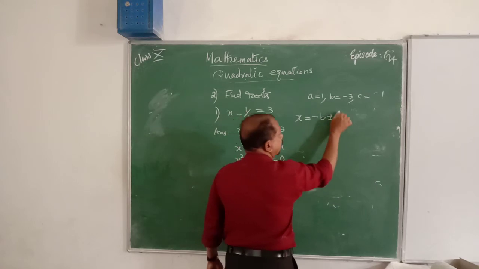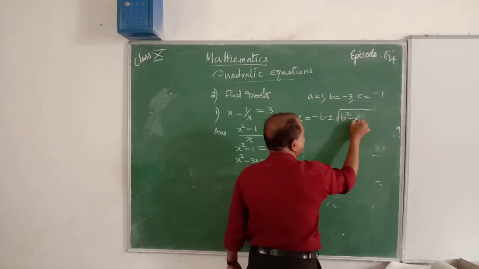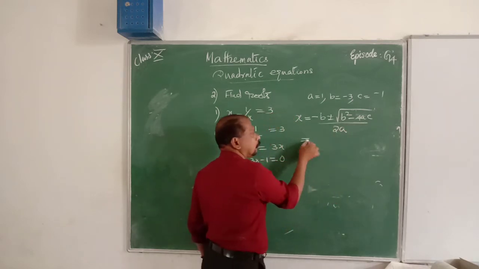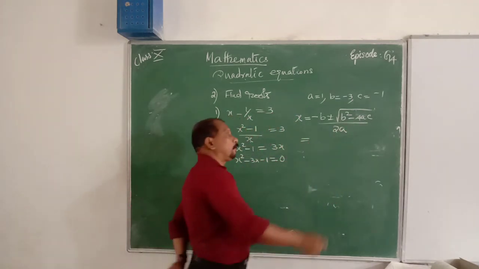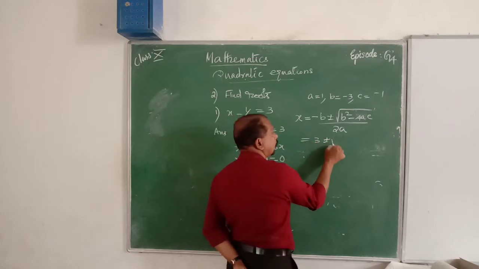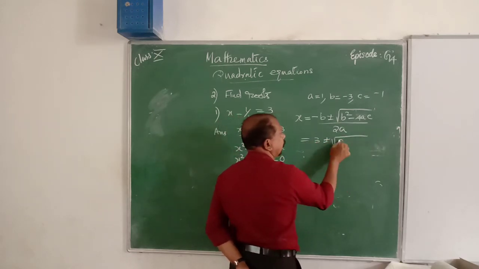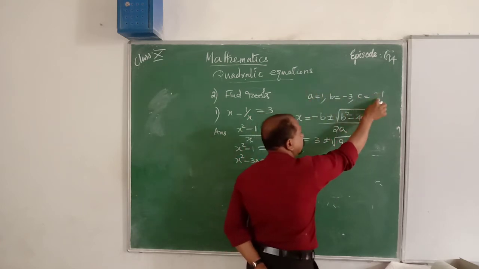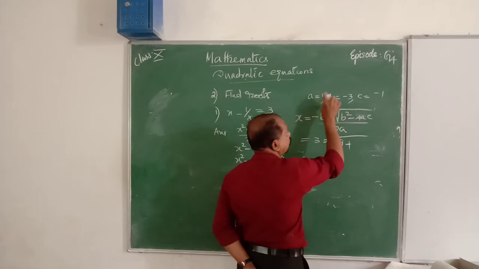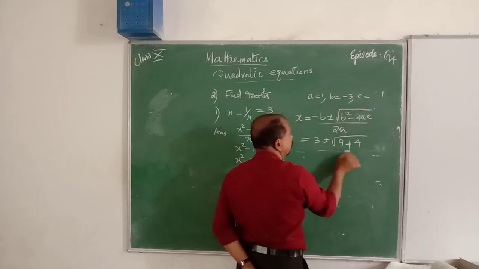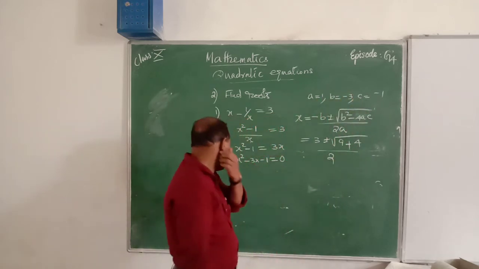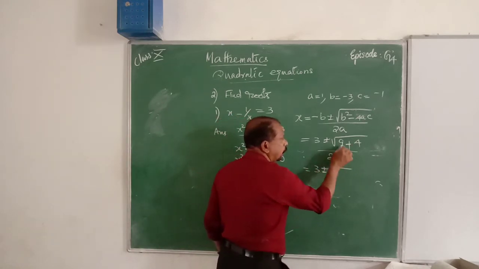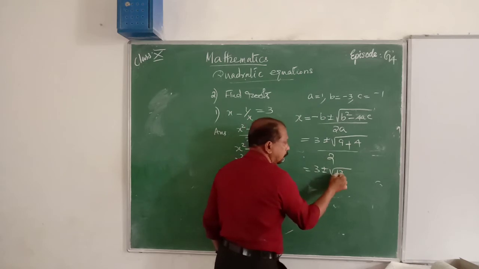Minus b plus or minus root of b square minus 4ac, the whole divided by 2a. b is minus 3, therefore minus b is 3. b square, 3 square is 9, minus 4 into a 1 into c minus 1; minus into minus is plus. 4 into 1 into 1 is 4, divided by 2a, that is 2. That is equal to 3 plus or minus root of 9 plus 4, that is 13, divided by 2.